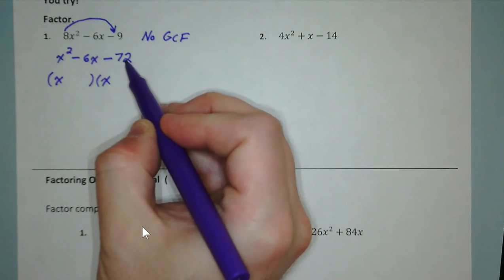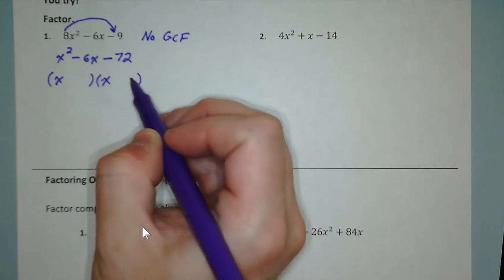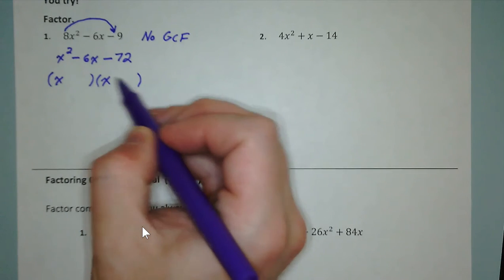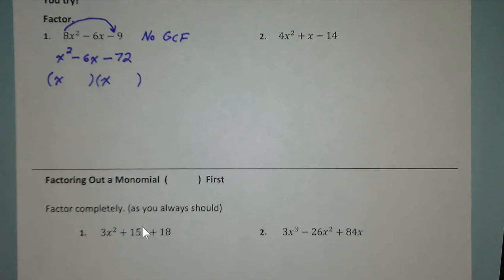All right, so what two numbers go there? Right, Aaron, do you know? I don't know. Dakaya, do you know? No?